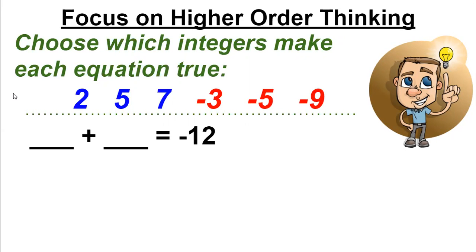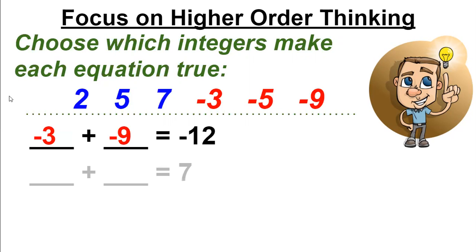What can we put in those blanks? Come up with it. -3 plus -9. That's like you owing somebody $3 and owing somebody else $9.